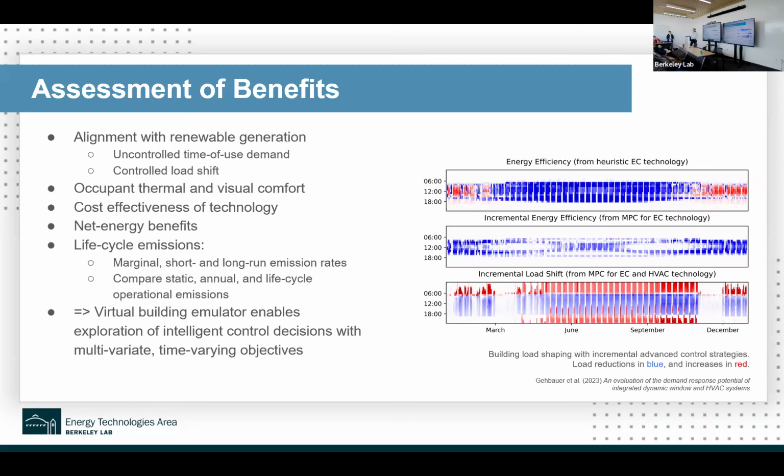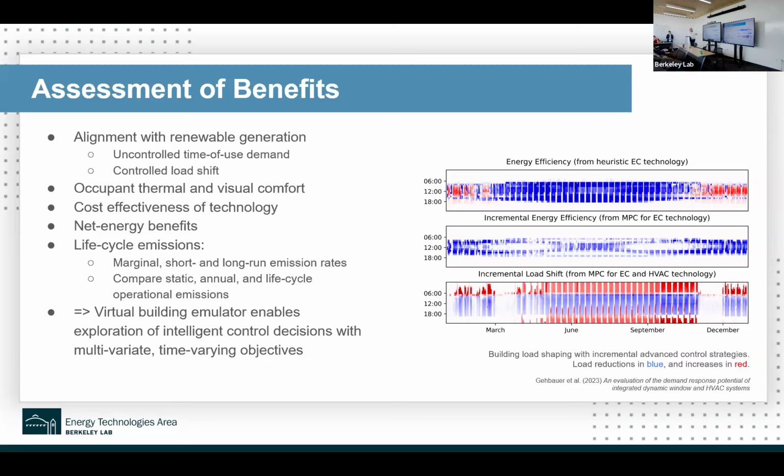If we now add our control system to this electrochromic window, that's the second subplot, we can see there are additional significant savings throughout the year by just switching out the control system of the electrochromic window. And then the last subplot shows the integration with the HVAC system, where we can do a thing called pre-cooling, where we can precondition the building to reduce the peak demand during the day.